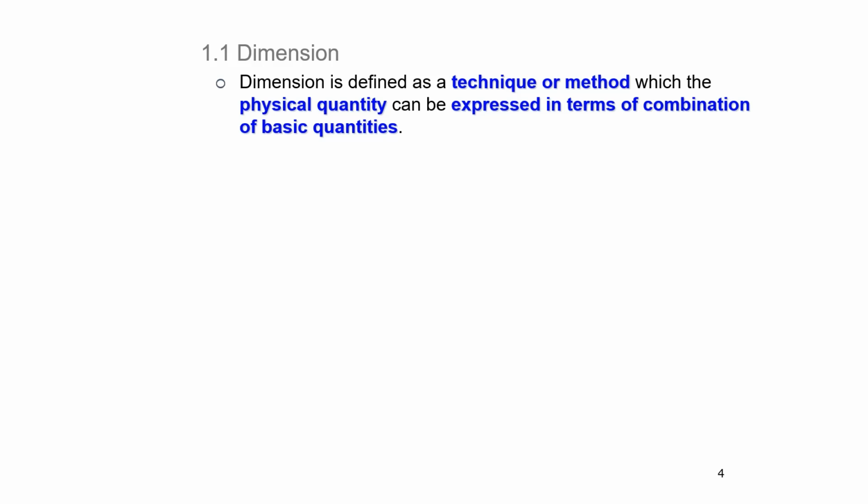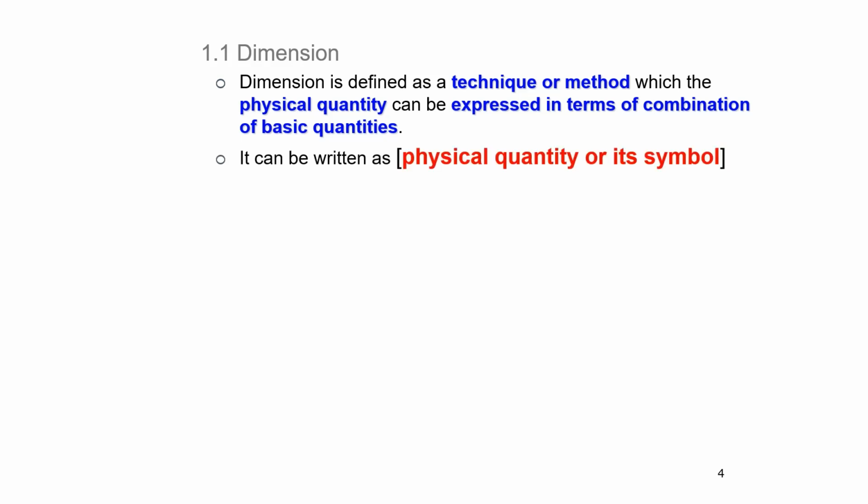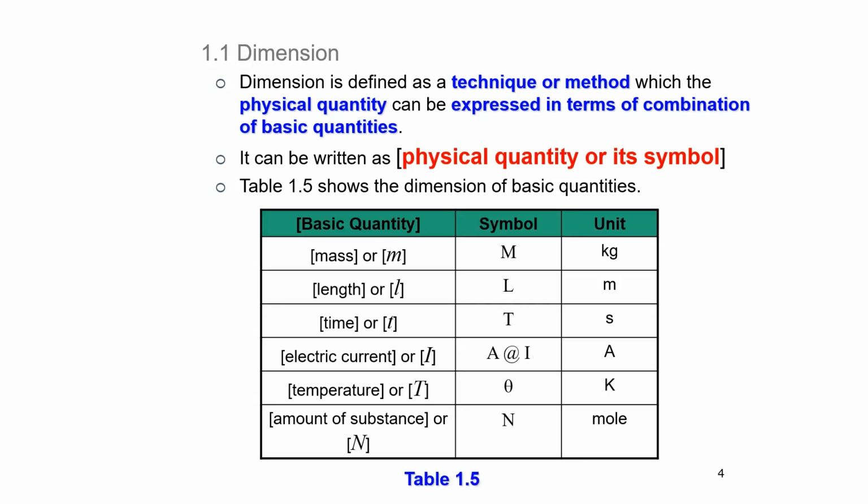Dimension is defined as a method by which the physical quantity can be expressed in terms of a combination of basic quantities. It can be written as open bracket physical quantity or its symbol close bracket. Table 1.5 shows the dimensions of basic quantity. You must remember the dimensions of basic quantity as shown in the table.